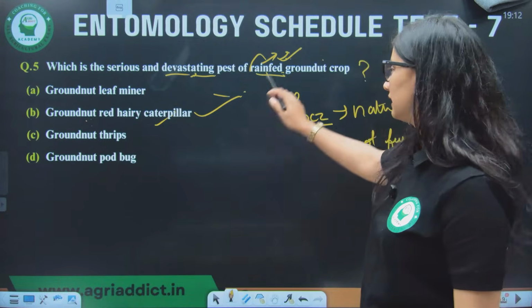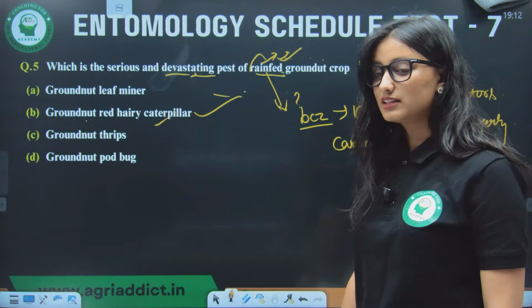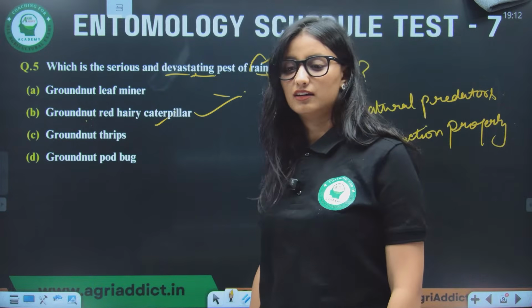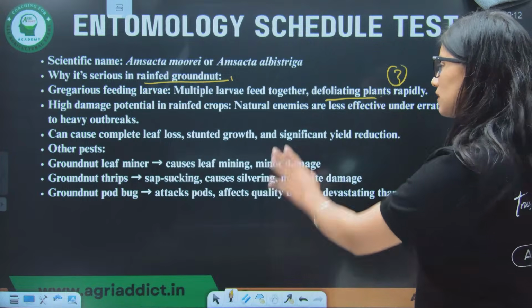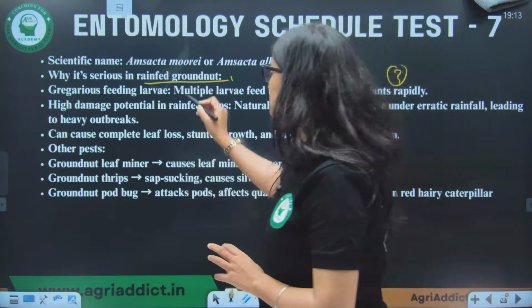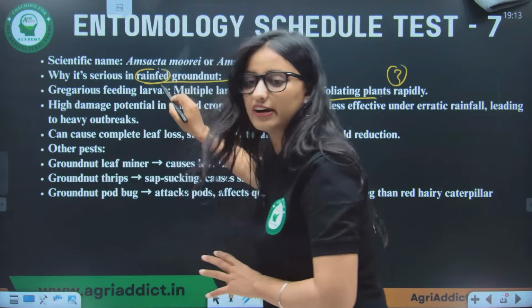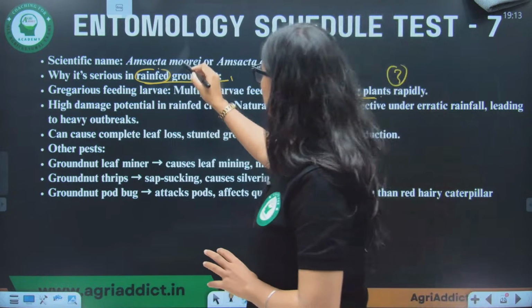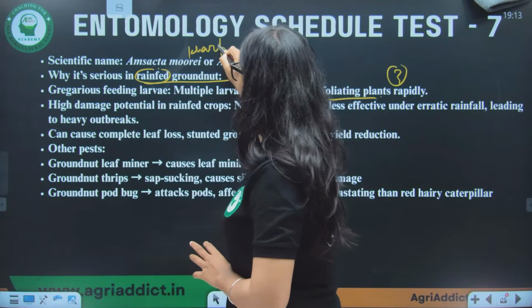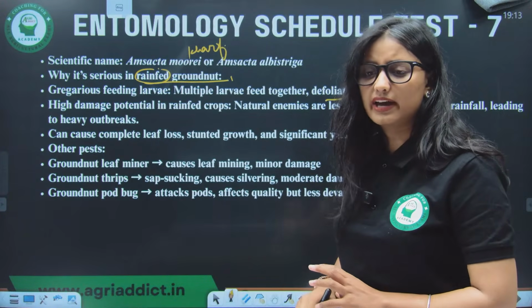Whether in Kharif or rain fed, this is one of the most devastating. Okay, okay. So I have the reason here; they just ask specifying this rain fed condition. This is the only difference. They can ask for Kharif also. Is it okay, Arun Kumar? Okay.